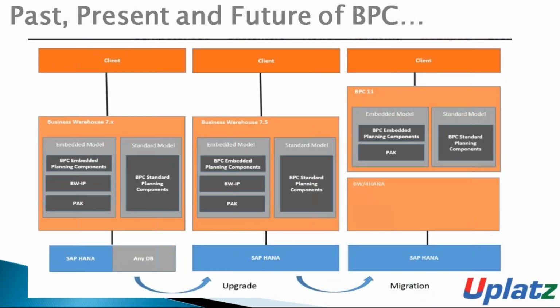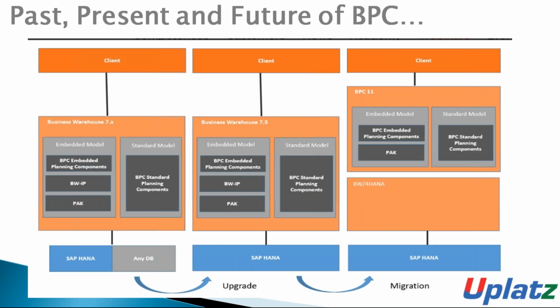And next, this is the past, present, and future architectural differences of BPC. What I explained earlier from 7.0, so BW 7.0, that is BPC 10.0. Here there are two versions.